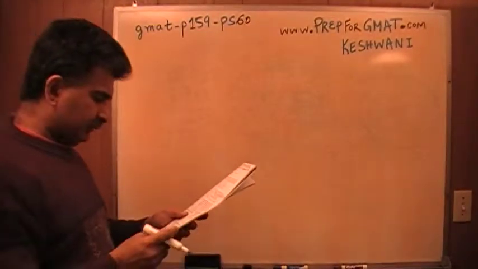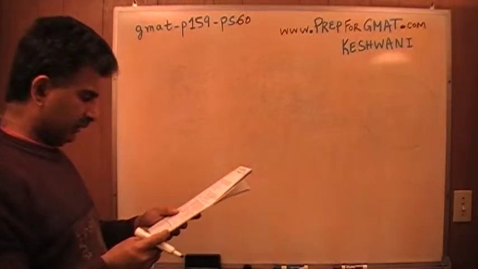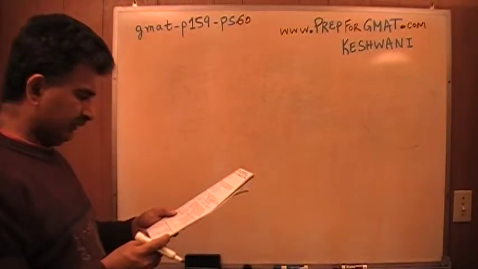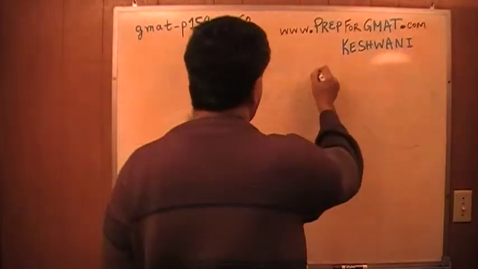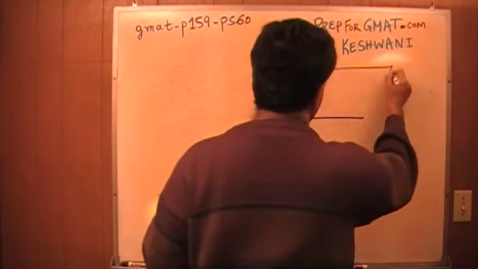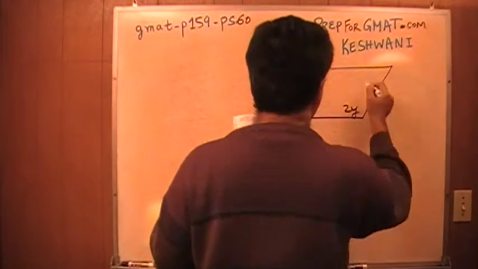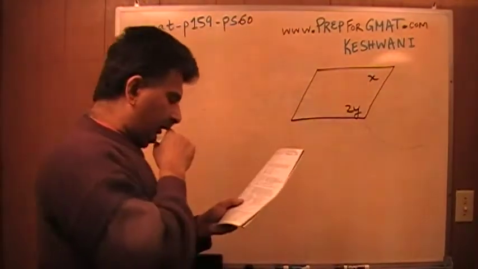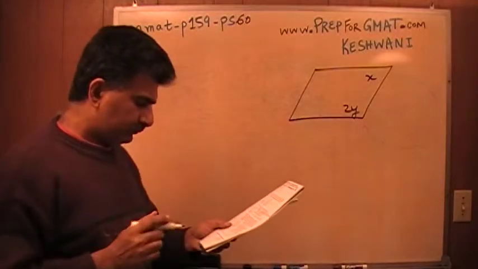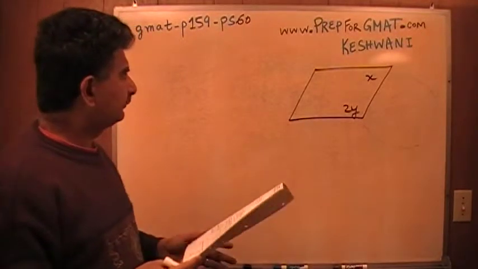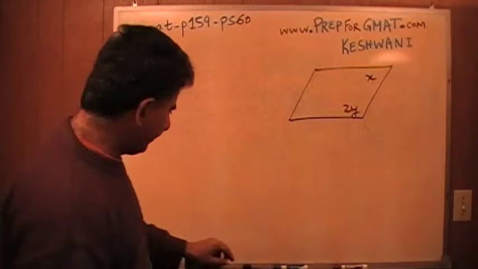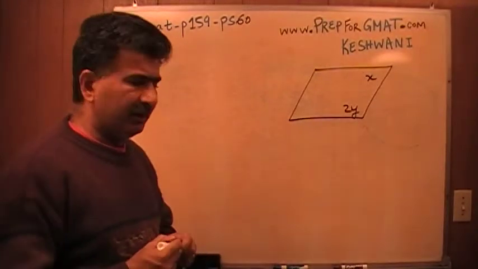In the picture above, PQRS is a parallelogram. What is y minus x? Alright. This is 2y. And this is x. y minus x. I think I'm going to come back and solve this problem in a separate clip. I don't want to rush through it.